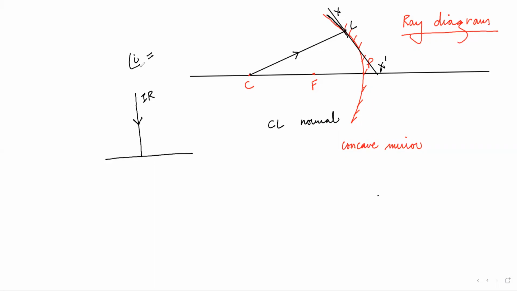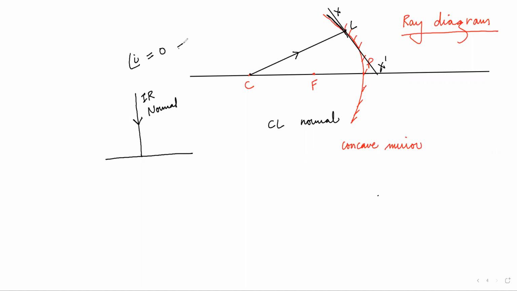If the incident ray were like this, then this would have been the angle, and the angle keeps increasing. Now, the angle of incidence is 0 if the incident ray and normal match.